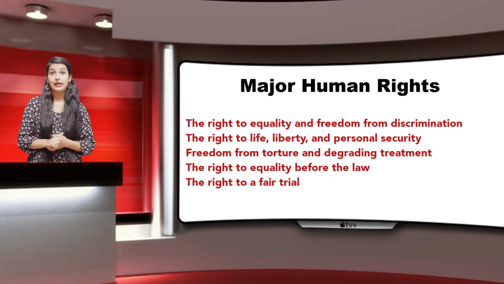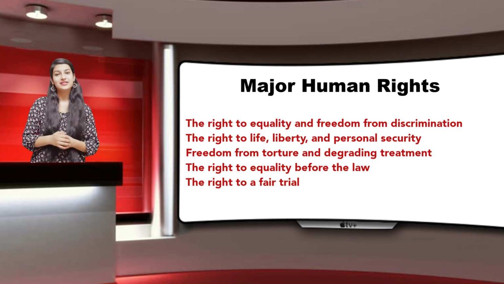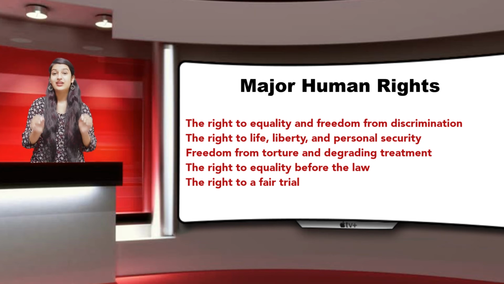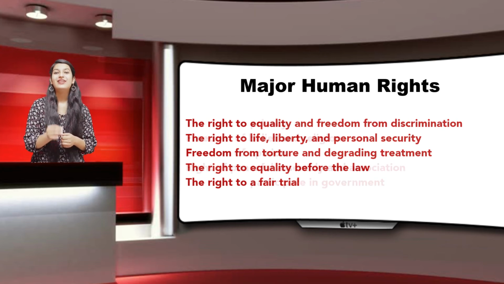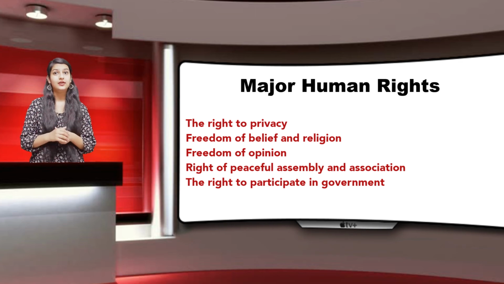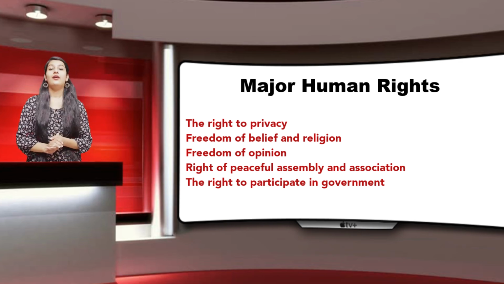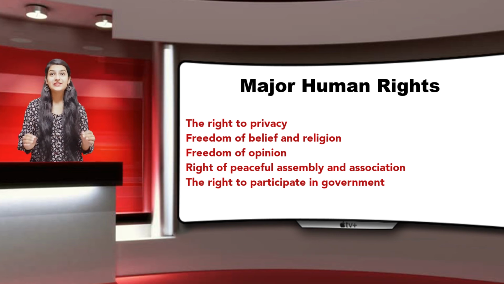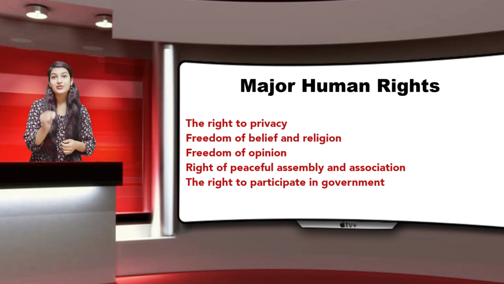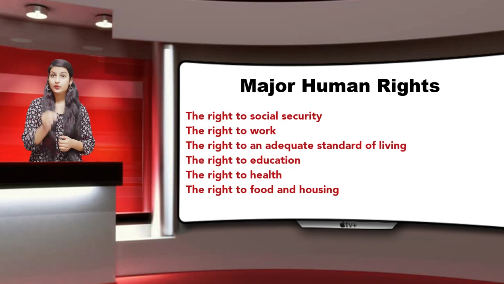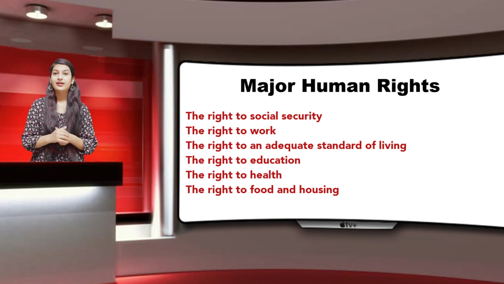First, the right to equality and freedom from discrimination, the right to life, liberty, and personal security, freedom from torture and degrading treatment, the right to equality before the law, the right to a fair trial, the right to privacy, freedom of belief and religion, freedom of opinion, the right of peaceful assembly and association, the right to participate in government, the right to social security, the right to work, the right to an adequate standard of living, the right to education, the right to health, and the right to food and housing.